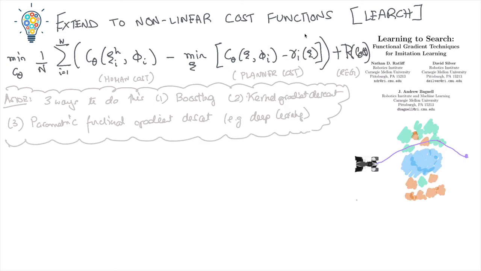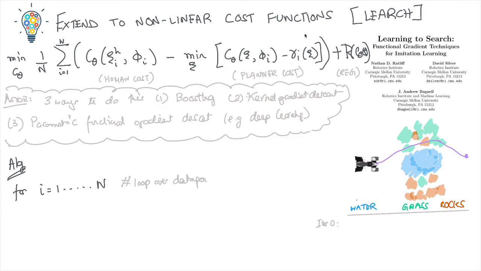Okay, so let's take the same example we were seeing before, where we have some demonstrations of the human going over some grass and some rocks. Let's talk about what the LEARCH algorithm looks like. The algorithm iterates over n data points.